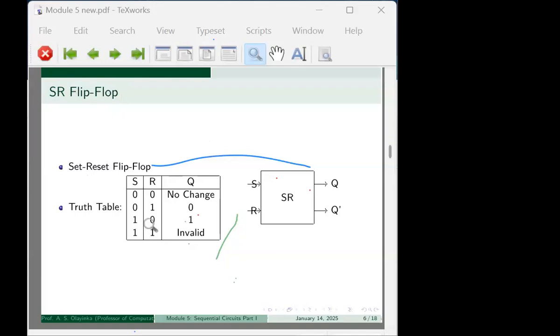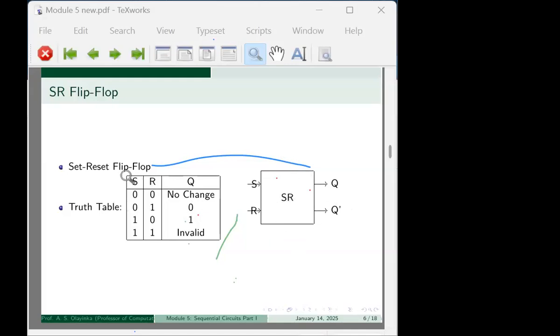Looking at the circuit diagram, it has two inputs, set and reset, and two outputs, Q and Q prime. The flip-flop circuit is within this box.